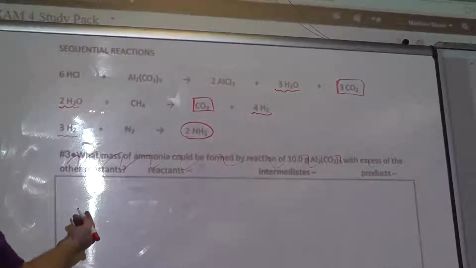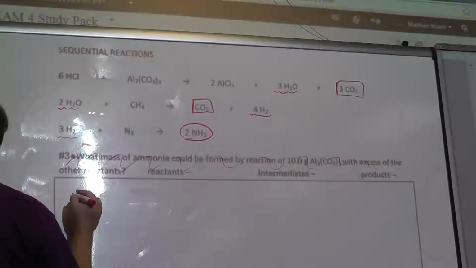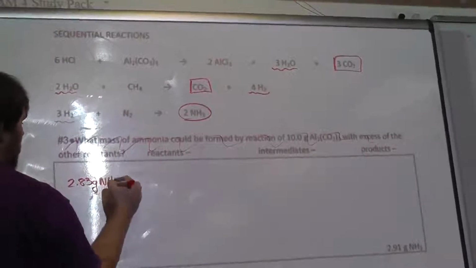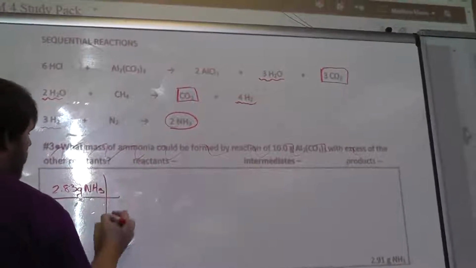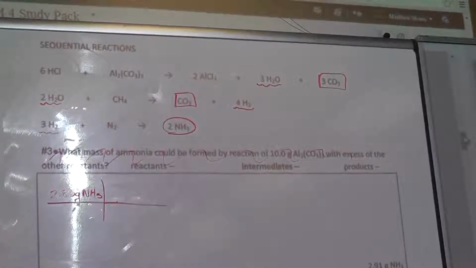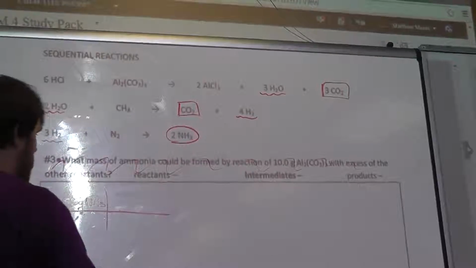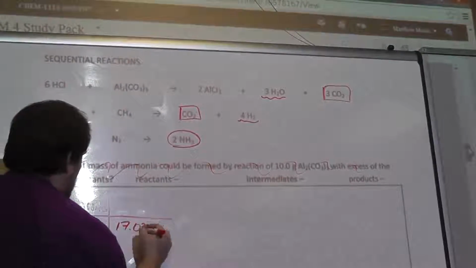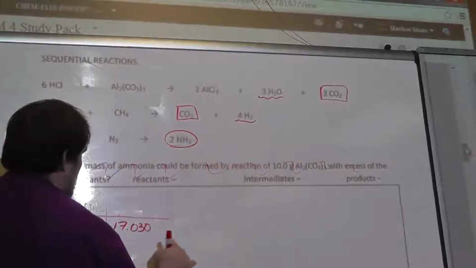Okay, so for your first one, you're starting with 2.83 grams of your ammonia. What's your molar mass for ammonia? Someone do that for me, or give that to me. 17.03056.